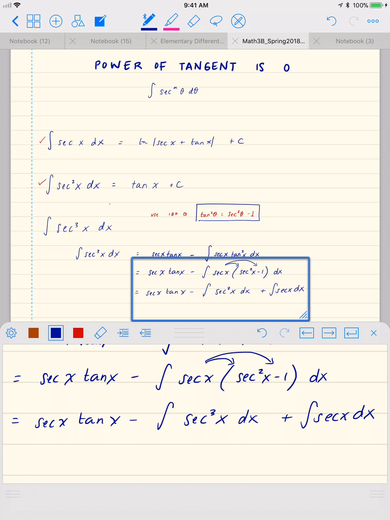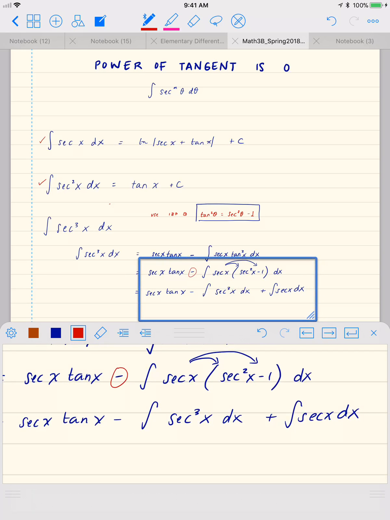In one move here, I distributed and I separated, and then I actually took this negative into account. Let me show you in slower motion what I just did. I want to say minus the integral of secant cubed x minus secant x dx.